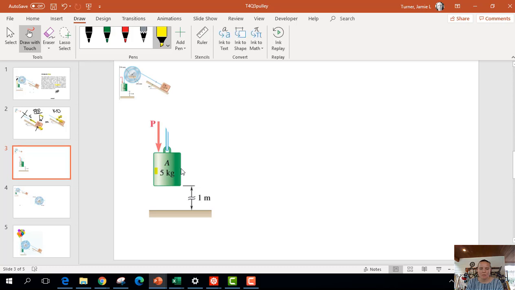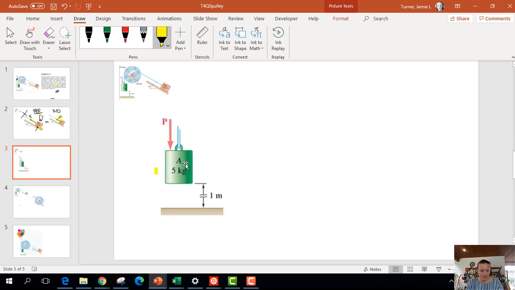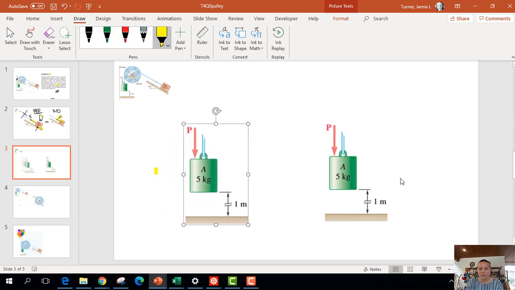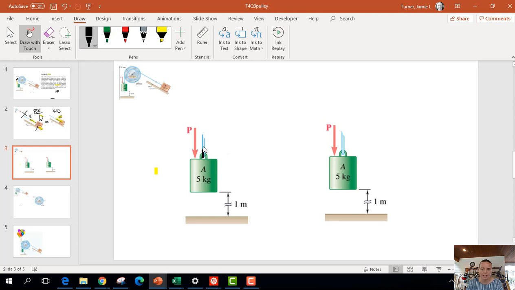We can do the same thing for block A. So if we make one diagram showing the forces acting on it and another showing kinetic diagram, so we've got, and we'll call this tension A, and it's a different rope, so it's going to have a different tension. We have the force pushing down on it, we have mg, so there's all of our motions.